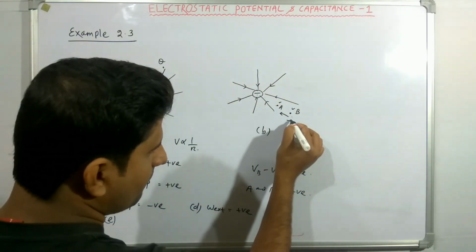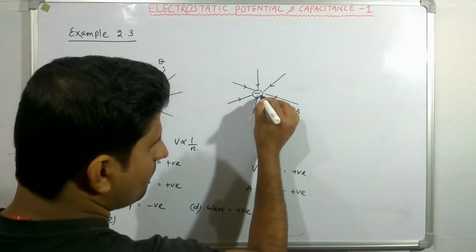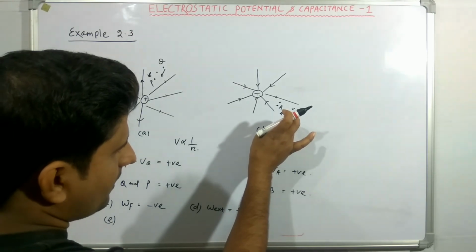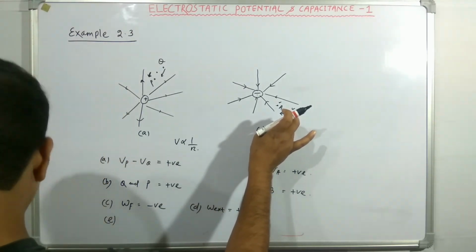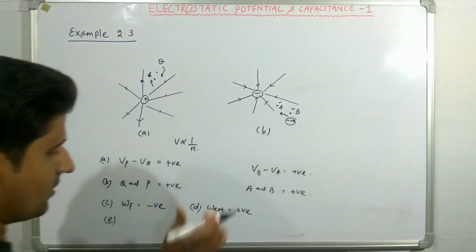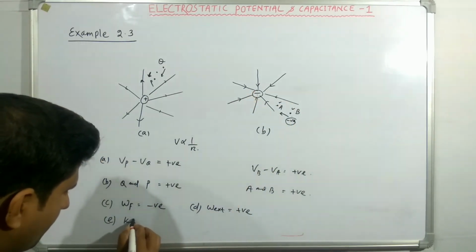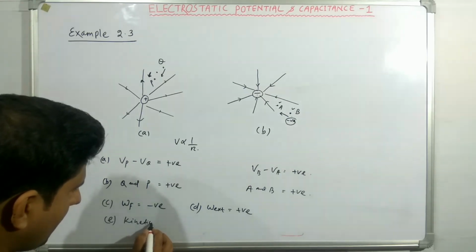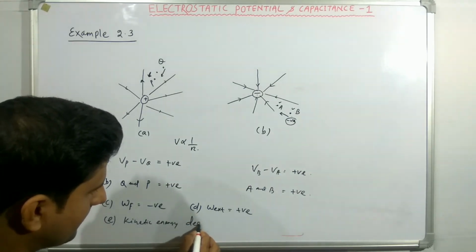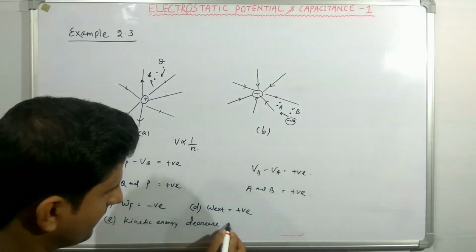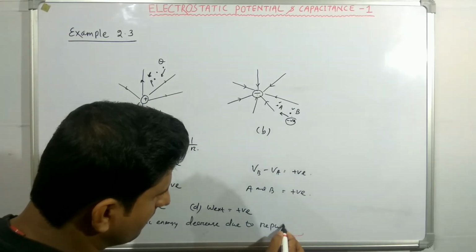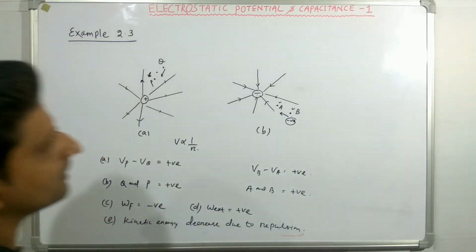If we move a negative charge, repulsion will occur, so the kinetic energy will decrease due to repulsion. Okay, thank you.